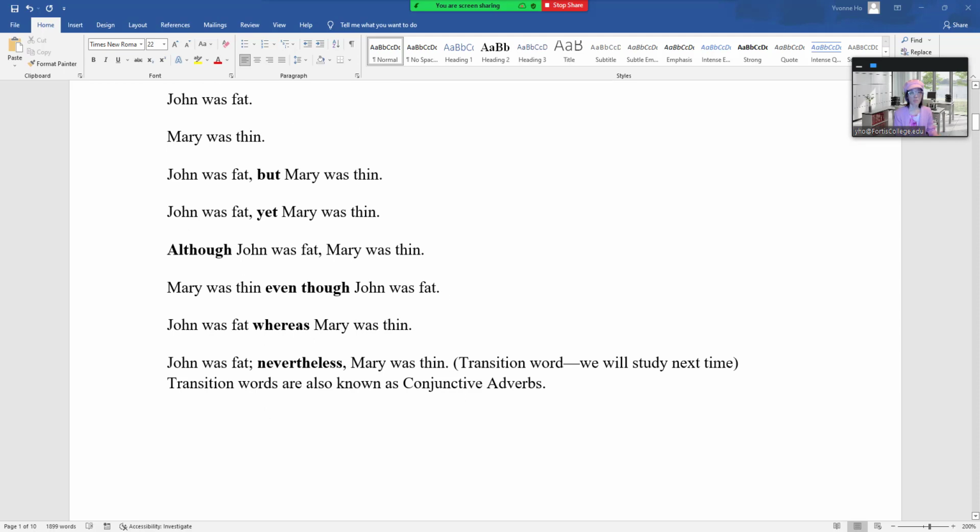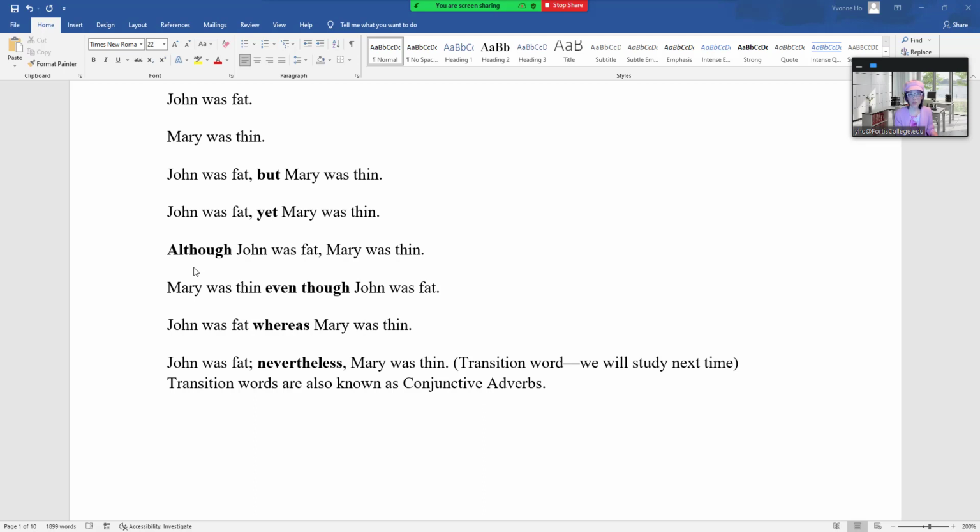The next batch of sentences. Although John was fat, Mary was thin. Mary was thin even though John was fat. John was fat, whereas Mary was thin. So here, although John was fat, Mary was thin, and even though, these two are complex sentences, because although is a subordinating conjunction.